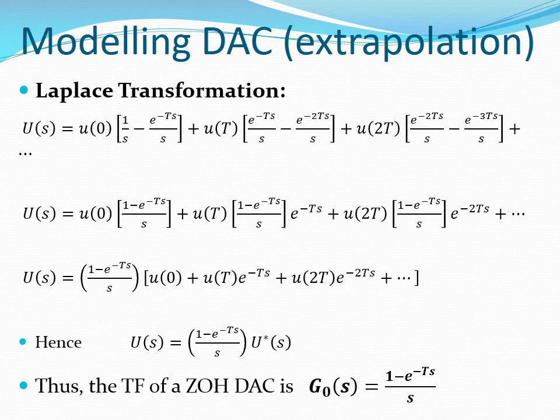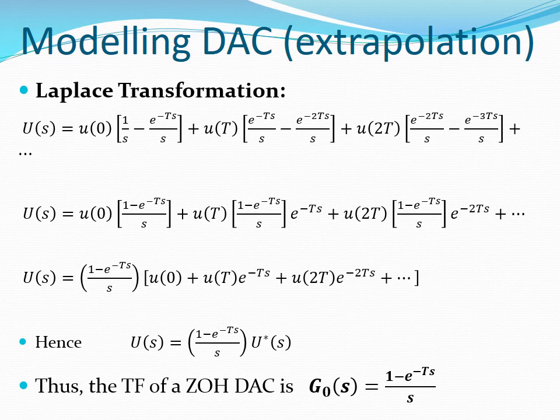The second term is recognized to be the Laplace transform of a sequence made up of the values U0, UT, U2T, U3T, etc. We also realize that the sequence is the input to the DAC. Therefore, the second term is the Laplace transform of the input to the DAC.